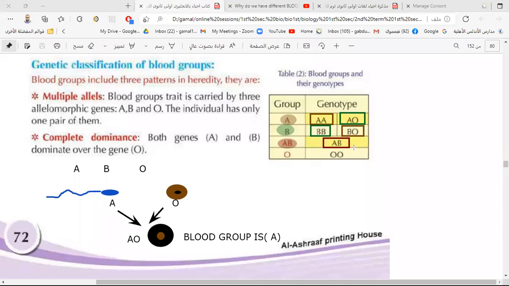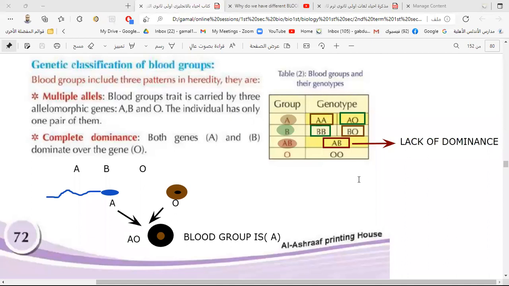So there is a lack of dominance between A and B. We have studied the blood group because there is a lack of dominance in this case.